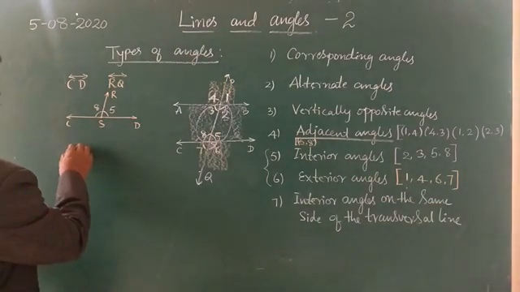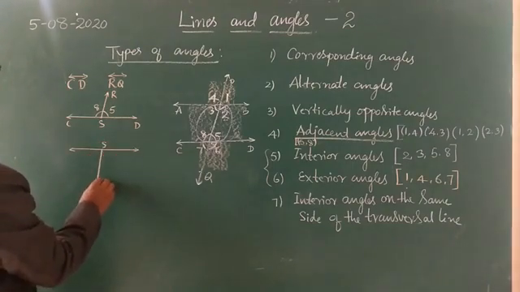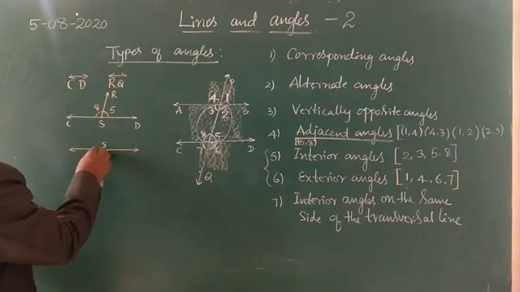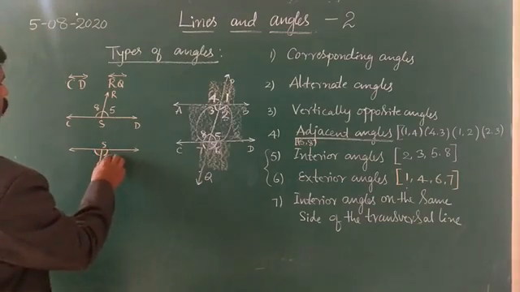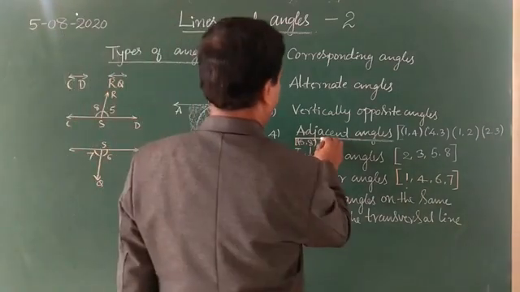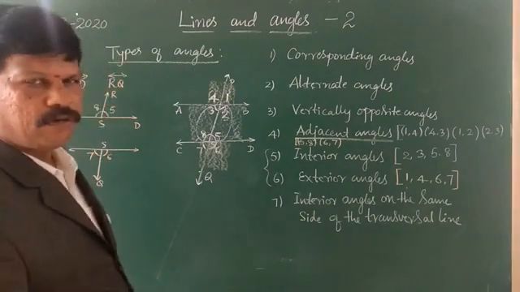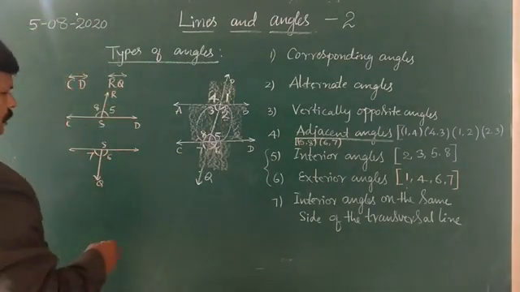Then same line with down, yes, Q. Then these two angles which are 6 and 7, that is one pair. 6, 7 is one more pair of adjacent angles.